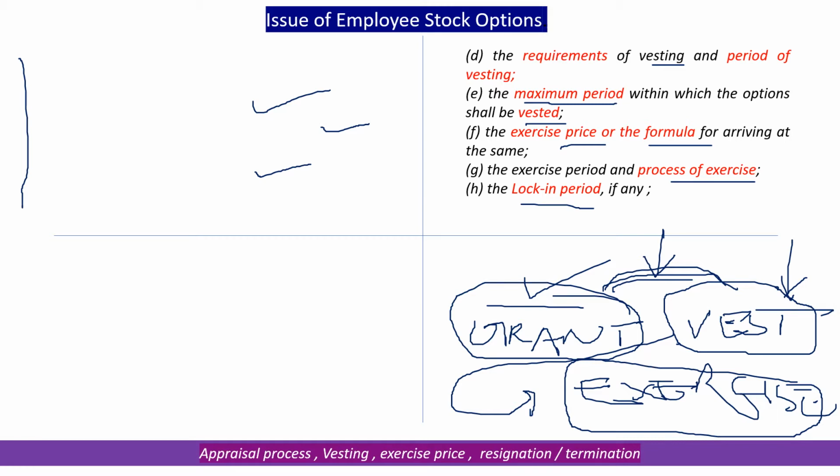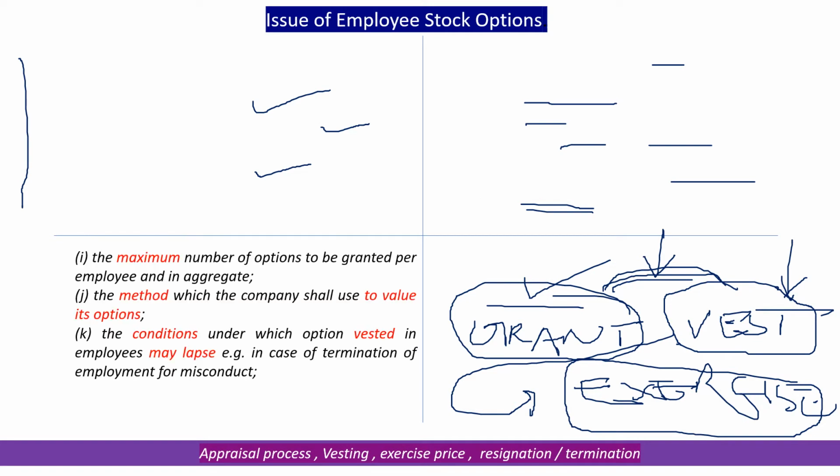What you get as an employee is far different from what is prevailing in the market. But the company says, or the explanatory statement should state, what is the formula for exercise price, what is the process of exercise, and then what is the lock-in period. This detail has to be indicated in the explanatory statement.